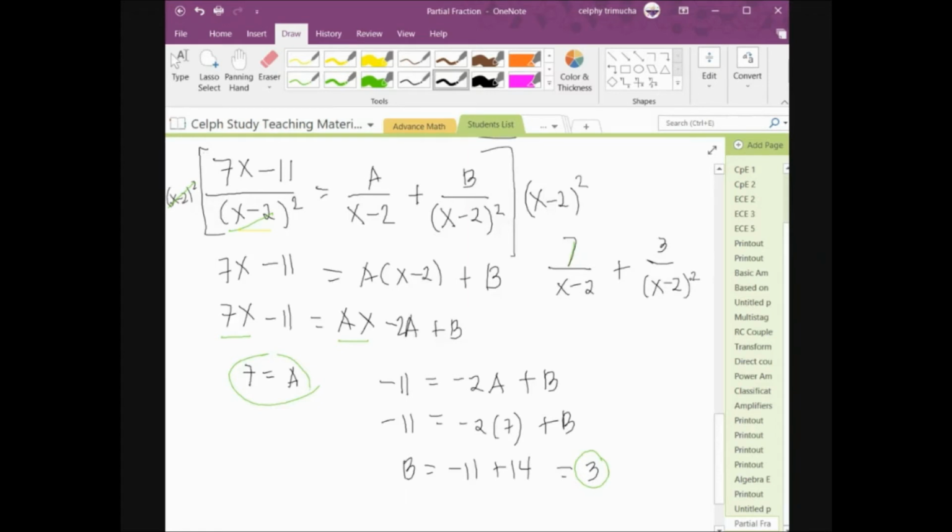That is our decomposed form. There is no drastic change in the process. You should just be familiar with the first method, the cover-up, so that it can be used. So, 7 all over x minus 2 plus 3 all over x minus 2 squared.